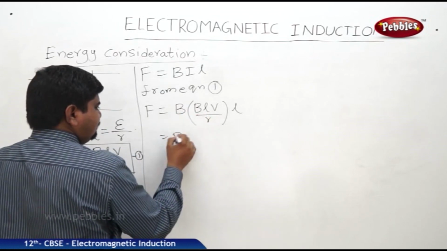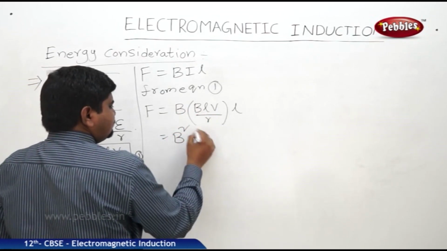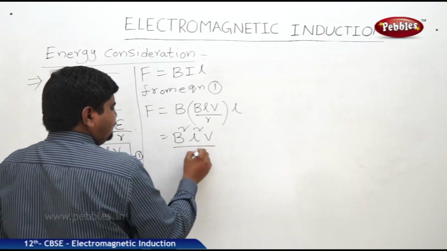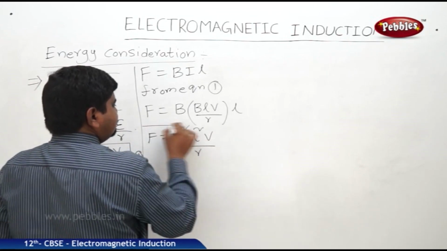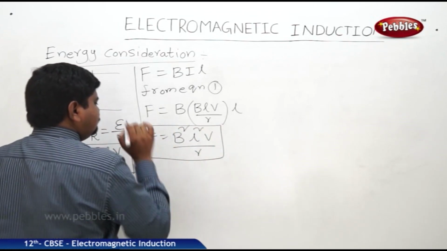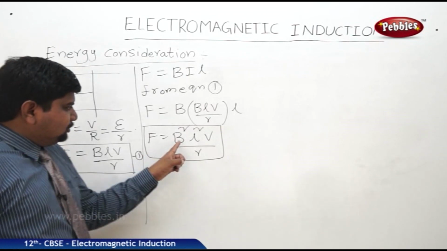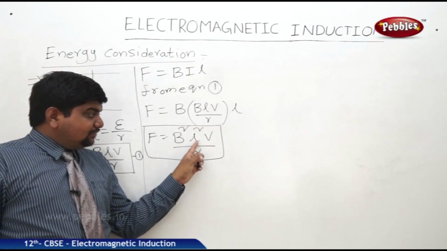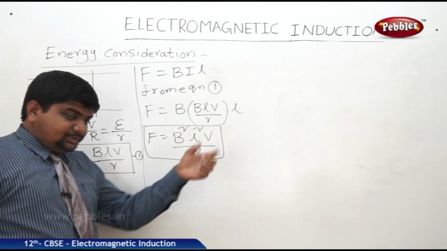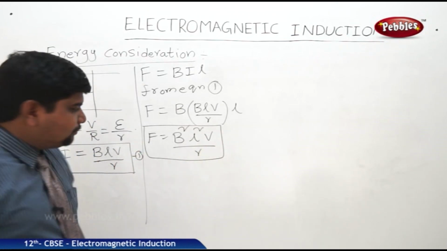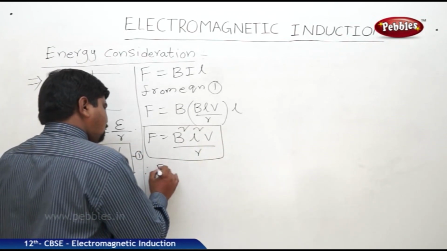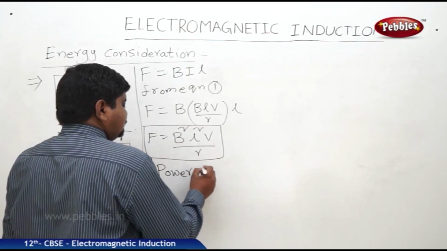So B square L into L, L square V by R is equal to force. This is the force due to the magnetic field, length of the conductor, velocity with respect to the radius of the loop.